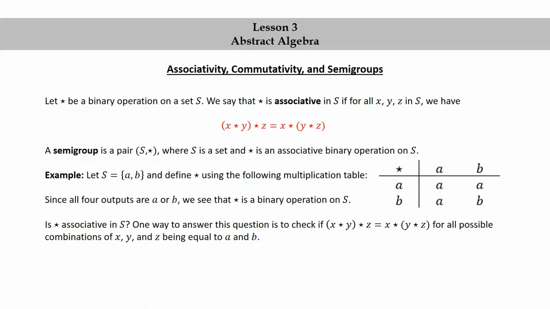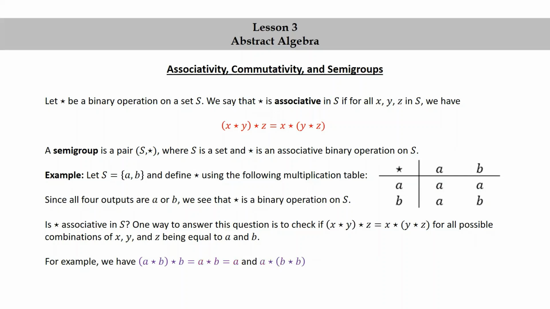One way to answer this question is to check if (x star y) star z is equal to x star (y star z) for all possible combinations of x, y, and z being equal to A and B. For example, we have (A star B) star B equal to A star (B star B). Because A star B is equal to A according to the multiplication table, and again, A star B is equal to A according to the multiplication table.